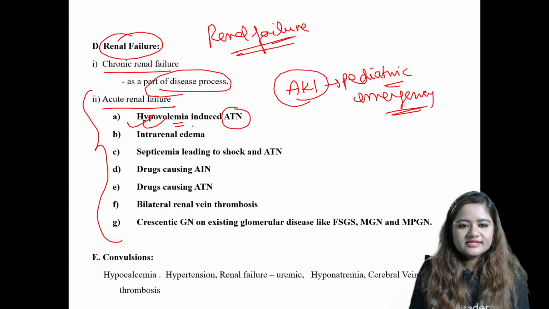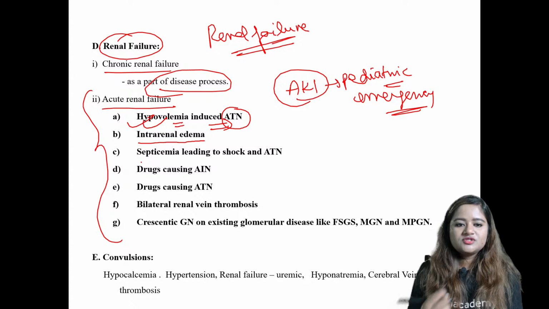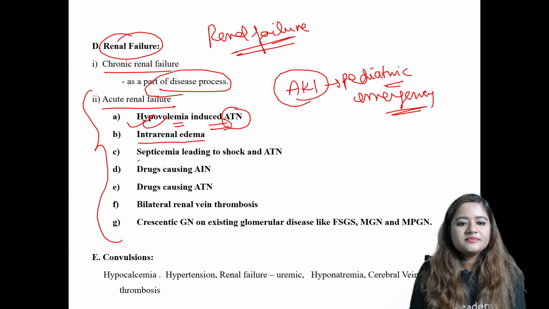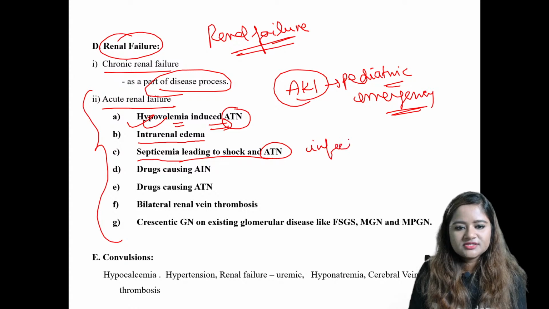So hypovolemia is there, which can lead to acute tubular necrosis. There is intrarenal edema as well because of the loss of the structure and the loss of proteins, which leads to damage to the structure. There can be septicemia, which can again lead to acute tubular necrosis. Why is septicemia happening? Because of risk of infections.